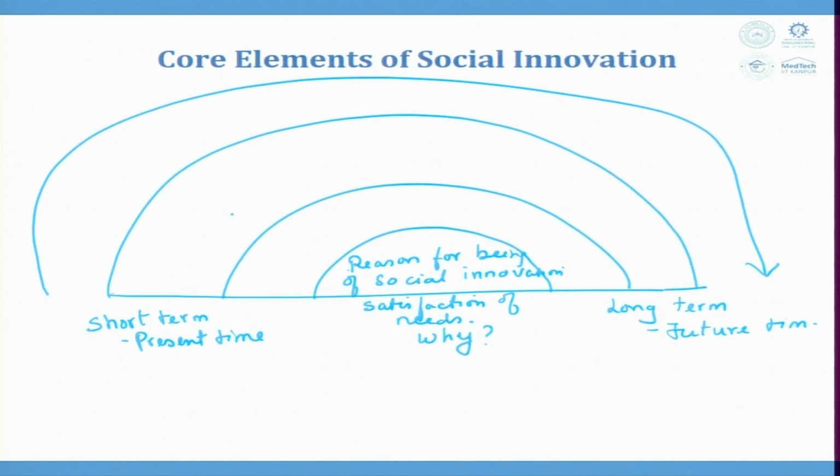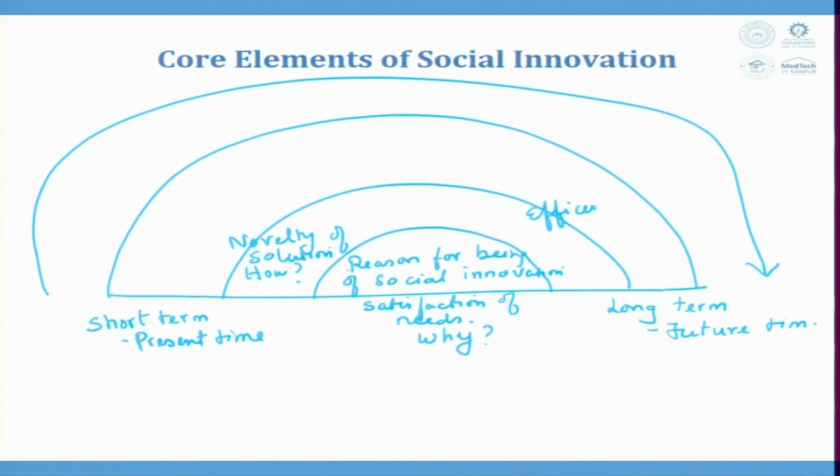The next is novelty of solution, which is where the how comes in. How do I do it? How is this happening? Novelty of solution always starts with this question, how do I get it done to this place? The next one is efficiency.